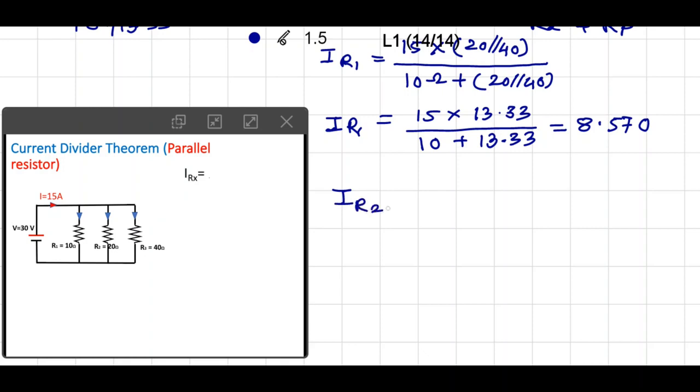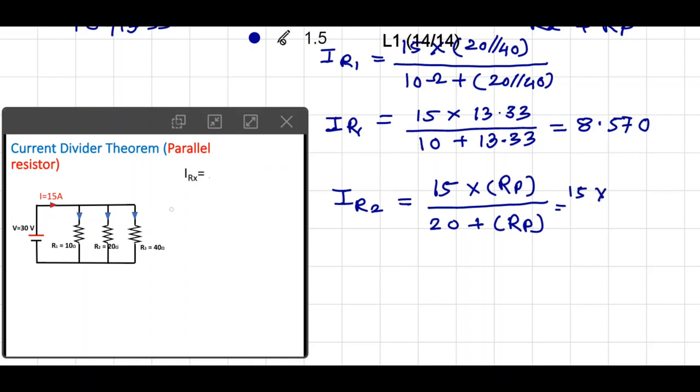Similarly, when you want to calculate the current through resistance R2, the value of current is 15 multiplied by the parallel resistance Rp, divided by the resistance through which we are measuring the current, that is 20 ohm, plus Rp. Here the resistance through which we are measuring the current is R2.